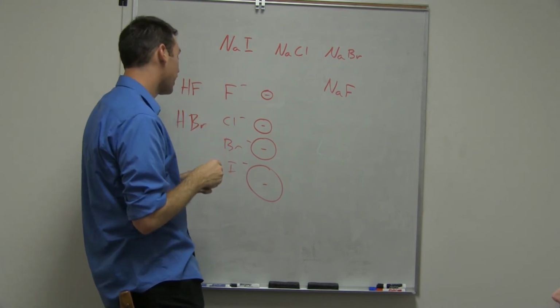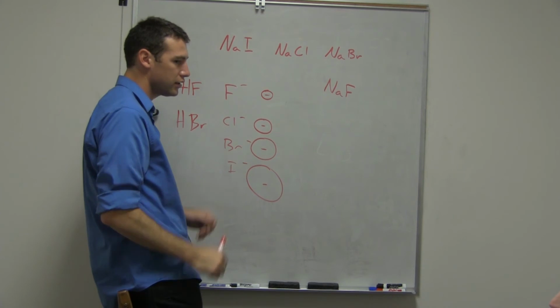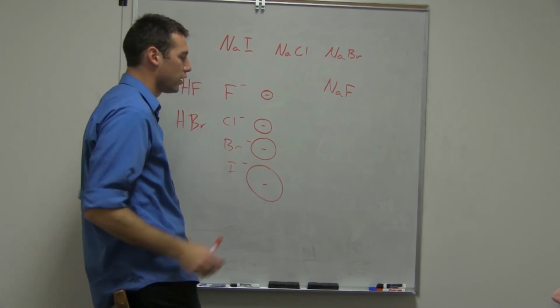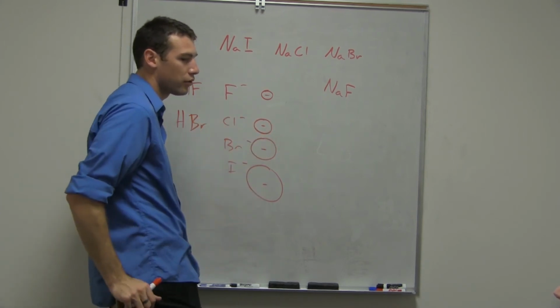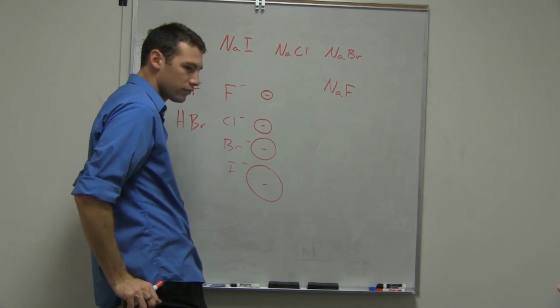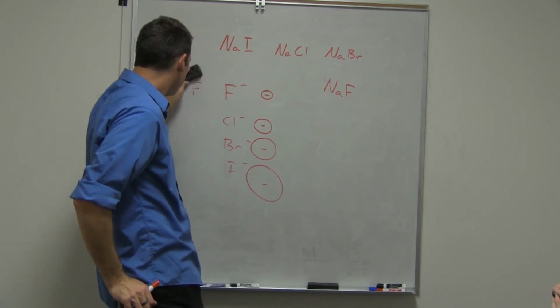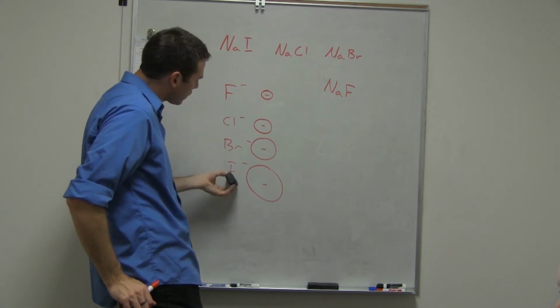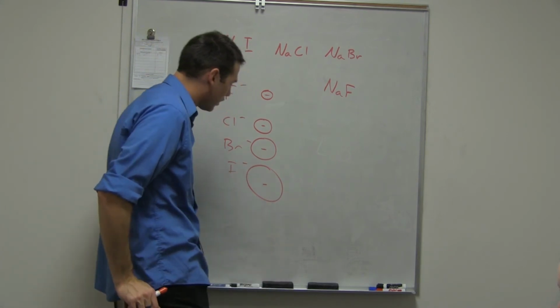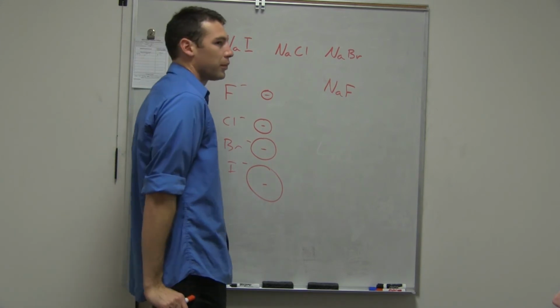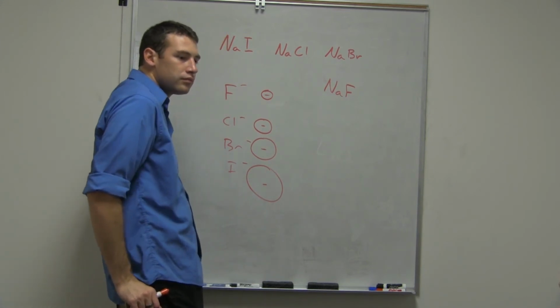And HI. Those are called strong acids because they dissociate, they completely separate in water. So strong acids dissociate in water, it's one of their characteristics. So iodine is going to be the most soluble in water.